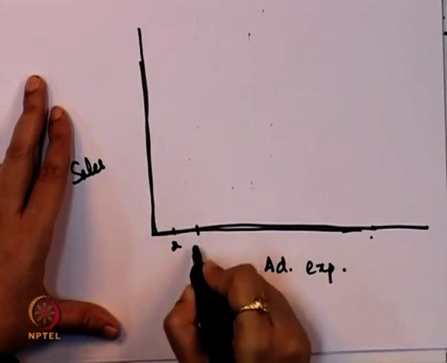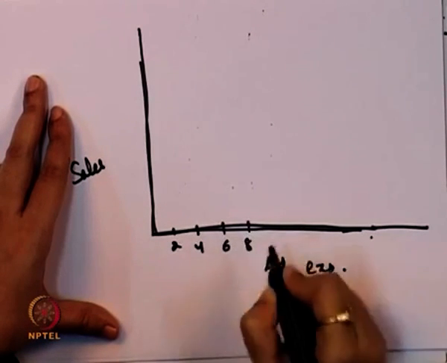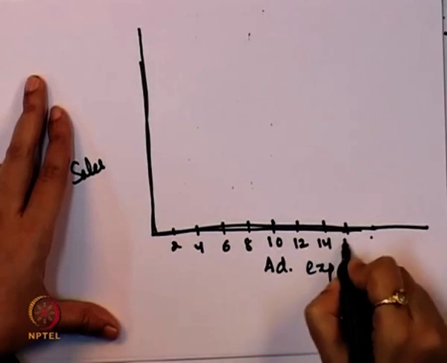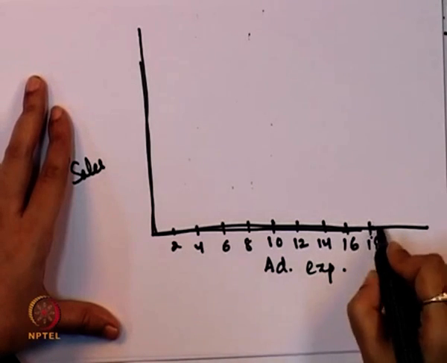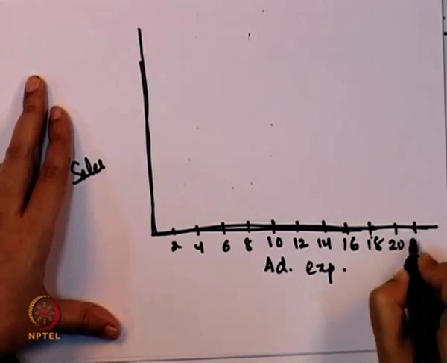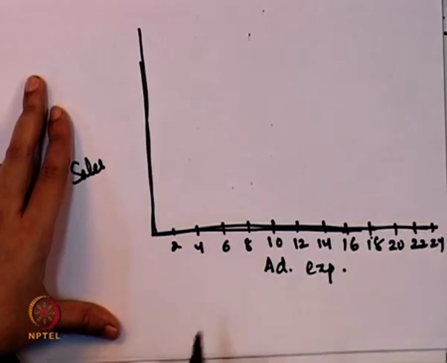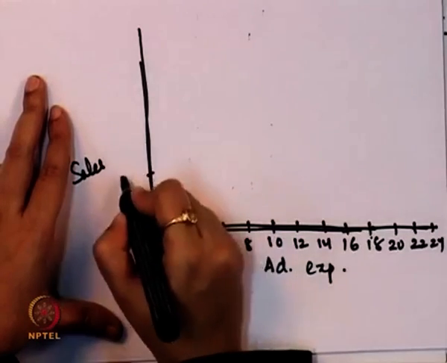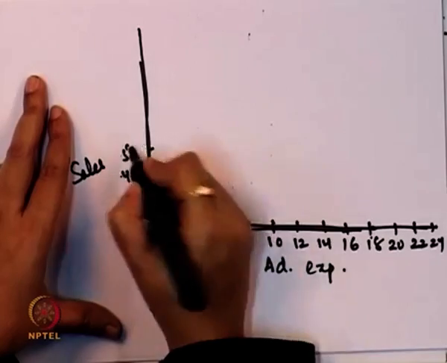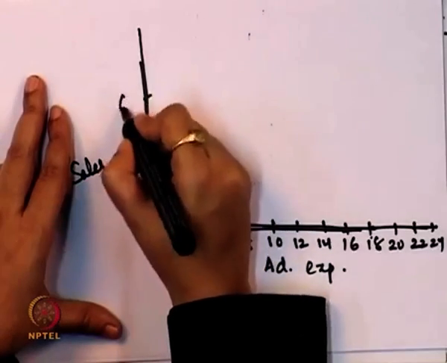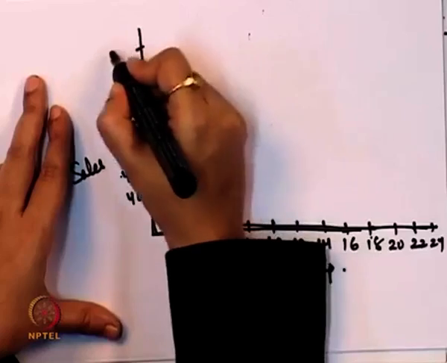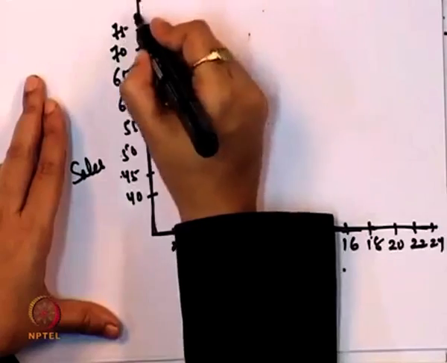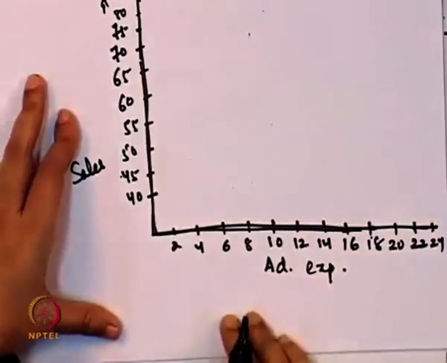So this is 2, 4, 6, 8, 10, 12, 14, 16, 18, 20, 22 or 24, and here we take maybe 40, 45, 50, 55, 60, 65, 70, 75, 80 and 85 and 90.